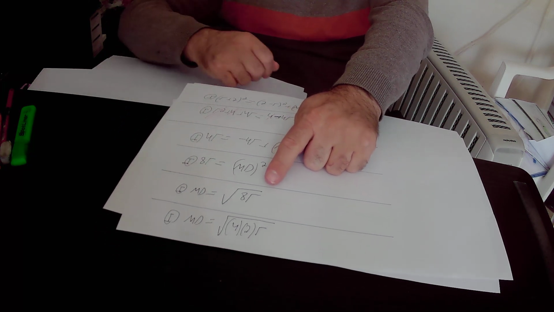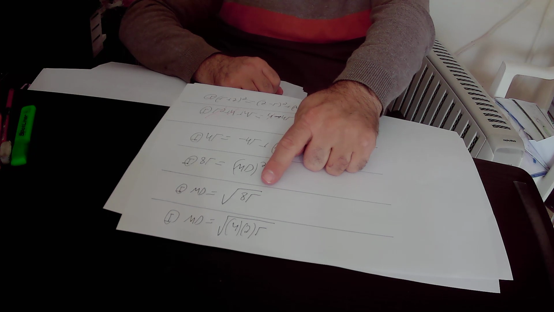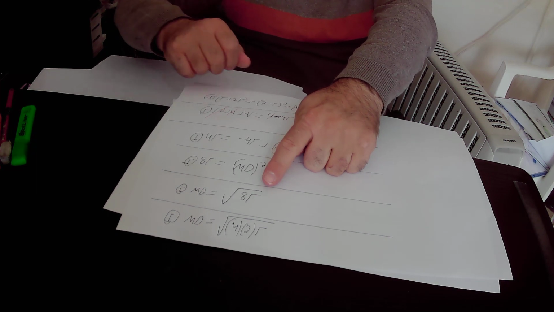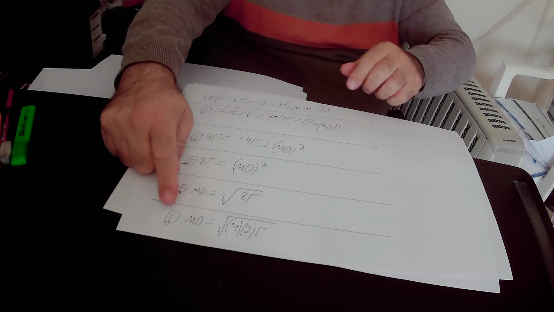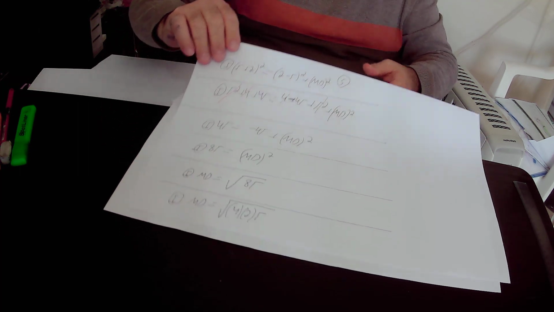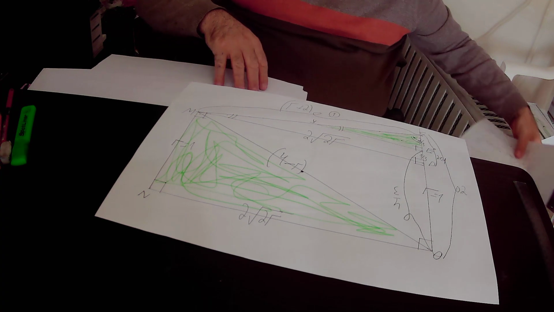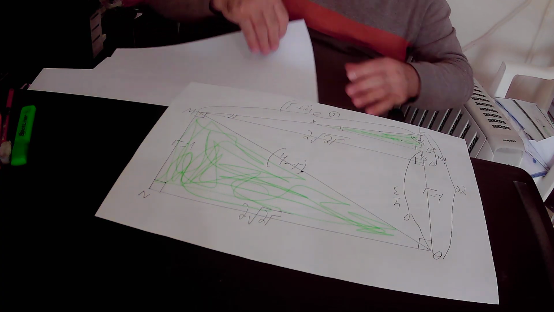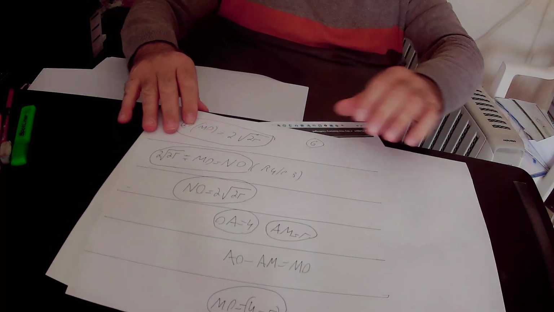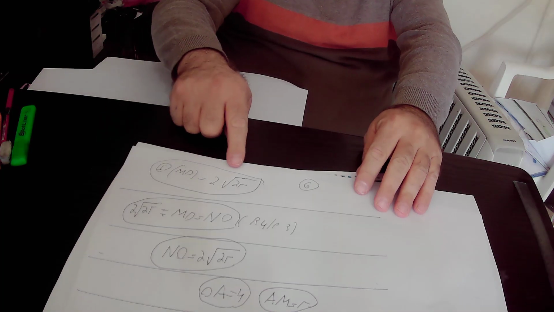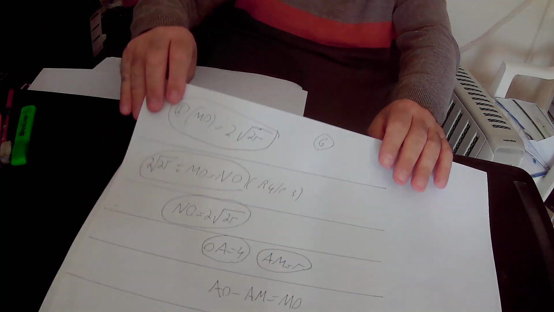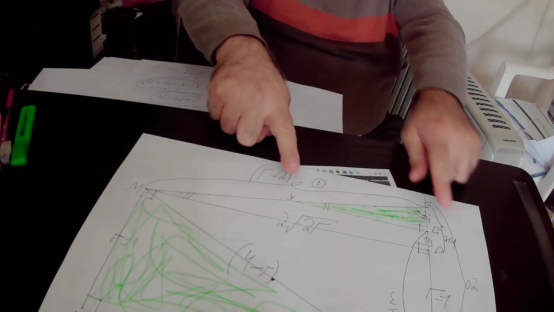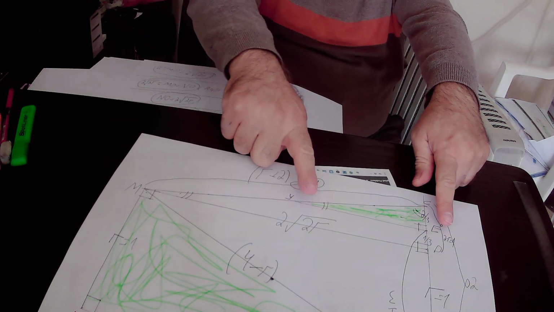We know that 8 is 4 times 2, so we substituted 8 by 4 times 2, and we got that MD equals the square root of 4 times 2R. But the square root of 4 is 2. So in total we got that MD equals 2 times the square root of 2R. So here we can write that MD equals 2 times the square root of 2R.